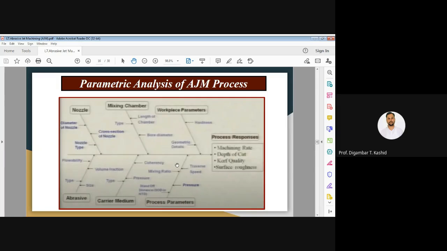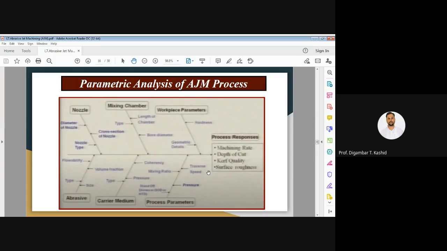Then, as machining parameters of the process, it includes what I have mentioned here as traverse speed. This is the speed with which you are moving your workpiece to get different shapes and sizes of the cavity, just like the feeding of our workpiece in conventional machining.